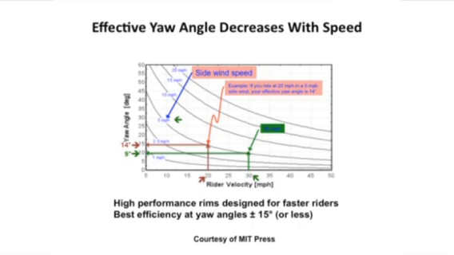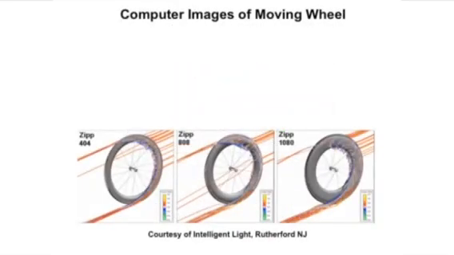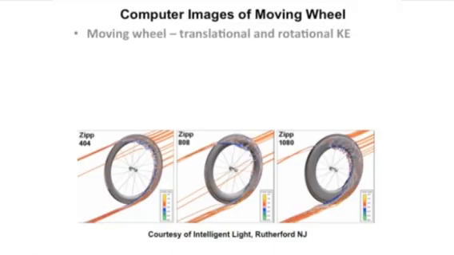Computer images of a moving wheel are something interesting to look at. At the bottom you see some computer images of the ZIP 404, the ZIP 808, and the ZIP 1080 rim. As we said, a moving wheel has translational and rotational kinetic energy, so it's a very complex picture.